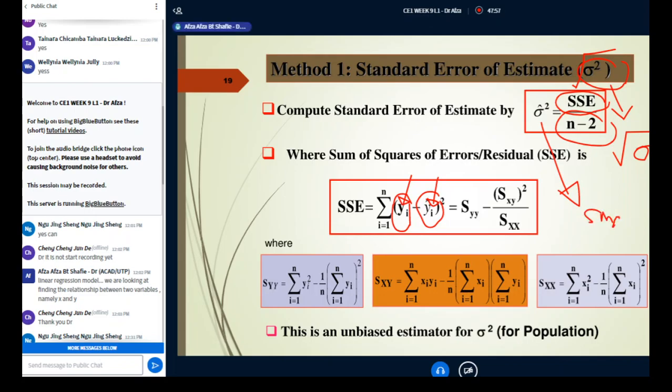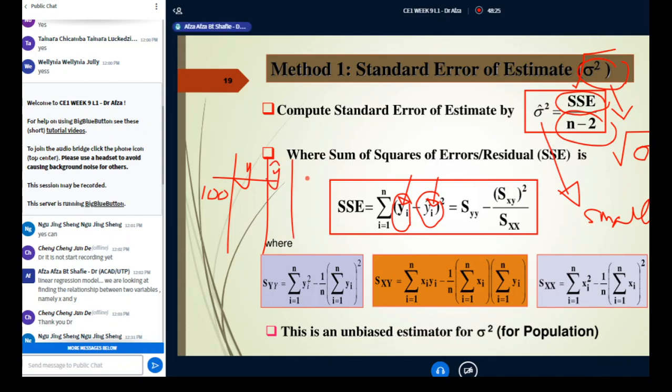So how do we calculate the SSE? You have a choice. Either you calculate by taking the observed minus the predicted. Let's say your x has a value of 100. You have your y, you have your y hat, and then you have the difference.